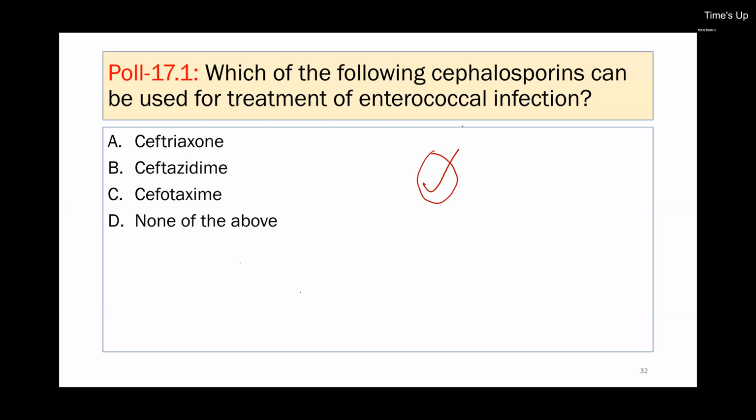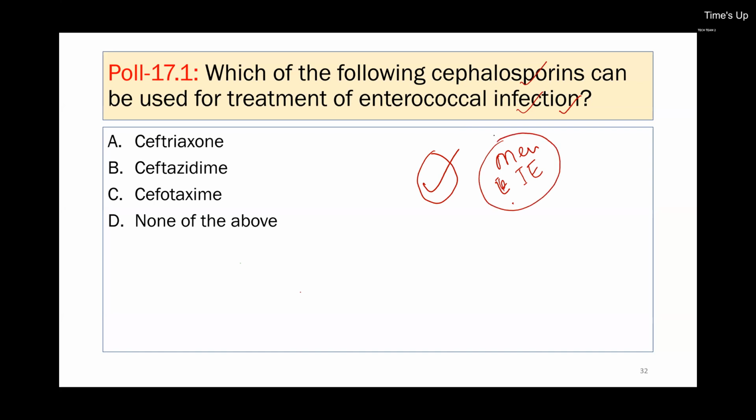The question was, which of the following cephalosporins can be used for treatment of enterococcal infections? We usually think that we don't use cephalosporins for enterococcal infections, but there are specific guidelines and scenarios, like serious enterococcal infections, which include meningitis, endovascular infections like infective endocarditis, or other non-endovascular bloodstream infections.